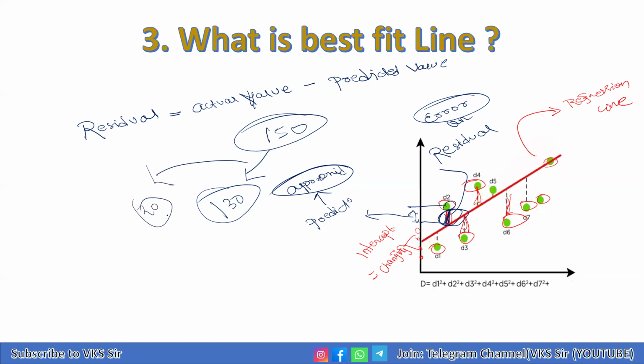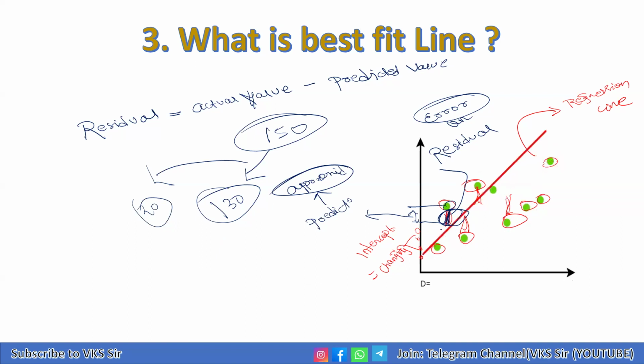Will it be the correct answer? No. So what we have to focus on is that the answer should become closer to the actual answer, and that is called a perfect approximate value. So in this simple linear regression, our goal is to minimize the error.